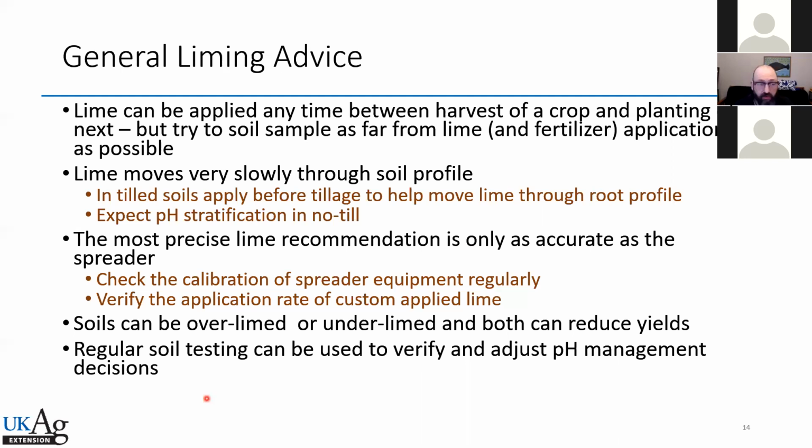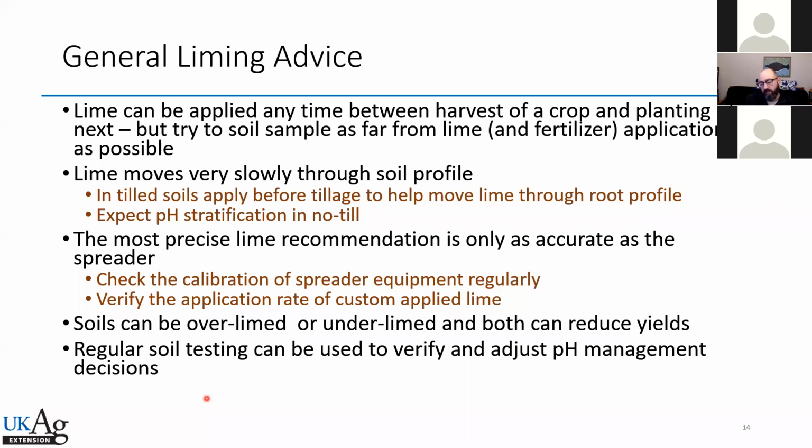Lime moves slowly through the soil profile. Tilled soil, so if you're going to till because you're renovating a hay field or something like that, it's a good time to get your lime out. But in no-till, you're going to have pH stratification. So the best thing to do is to stay up on your lime plan, soil sample regularly and lime regularly. Have a plan and just stick with it, where every year or 2 years or 3 years you're liming, so that you're adding a little bit at a time, because if you have to add a big shot of lime all at once, it's going to take a long time to move down to the roots.